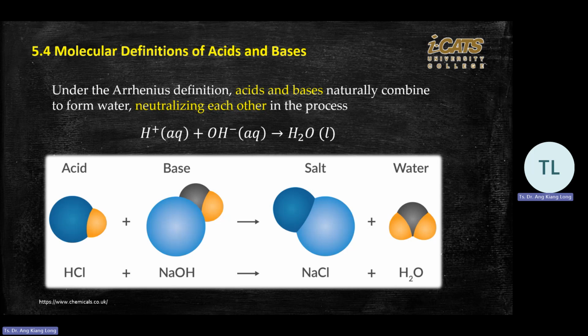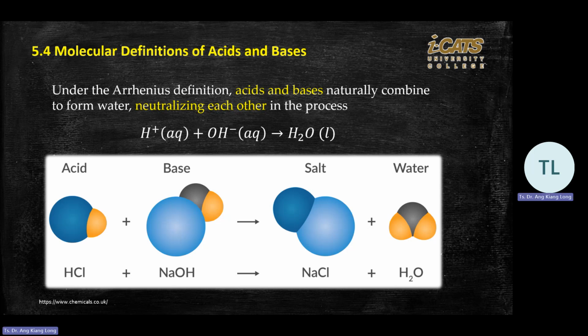It means asking you for the product of neutralization. Name the salt that is formed in the neutralization process. It means I'm looking for, in this case, NaCl. You need to write the salt is NaCl. You need to tell me that. That is 1 mark.